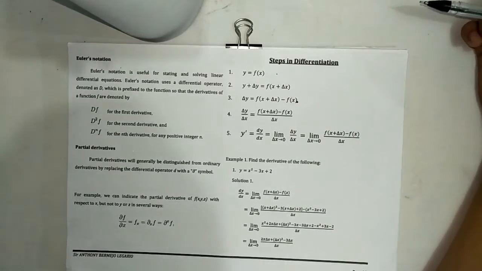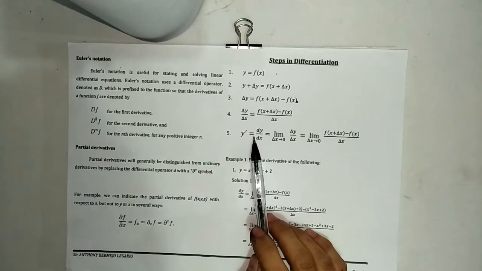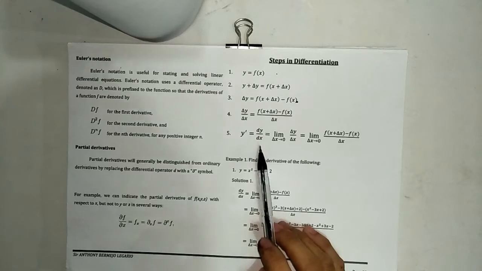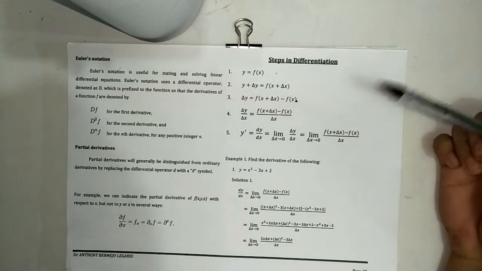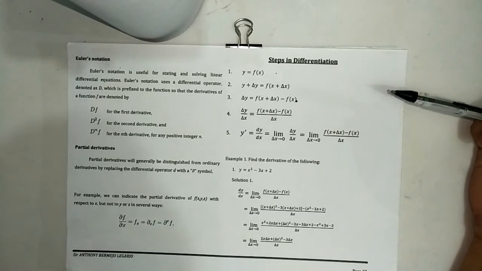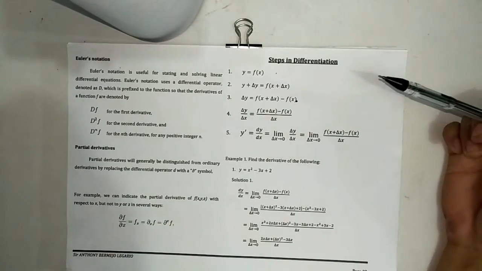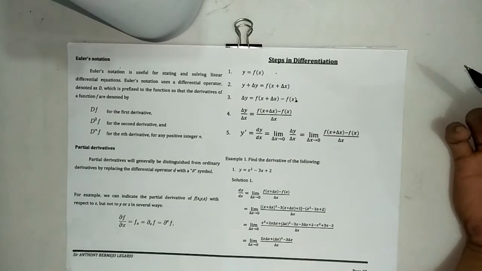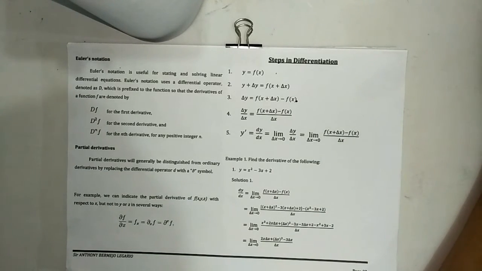And then for the final answer, we have the first derivative is equal to dy over dx is equal to, in this step, i-evaluate na natin ang limit of change y over change x where change x approaches to 0. So, dyan tayo mag-evaluate sa last part.